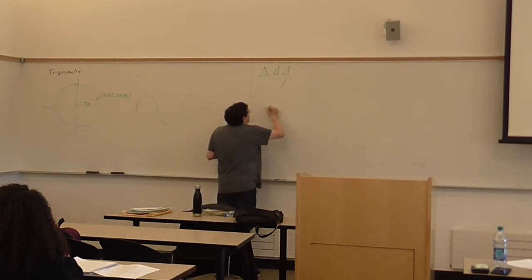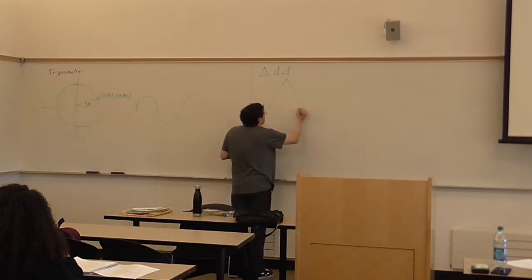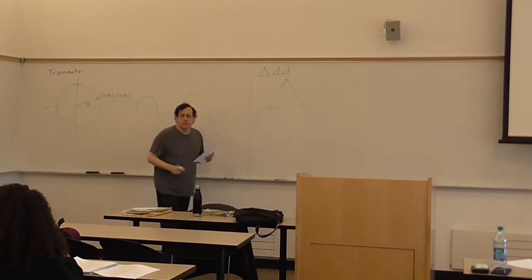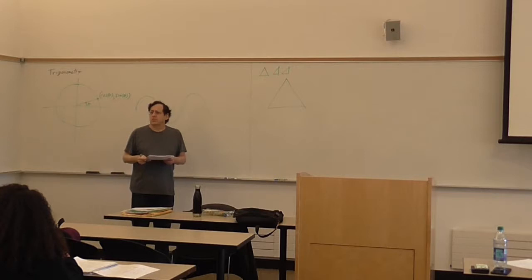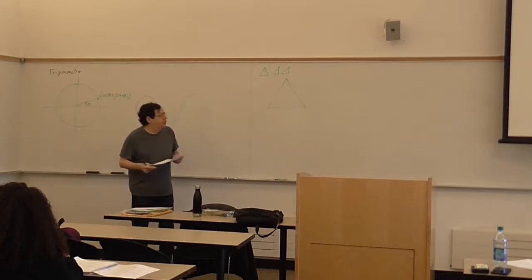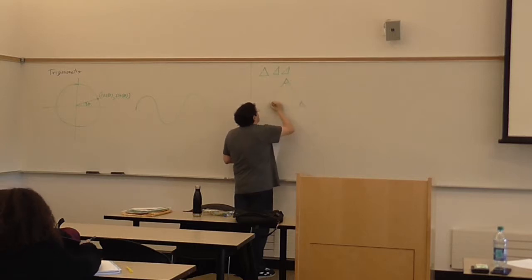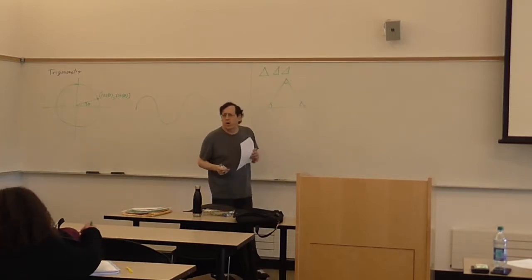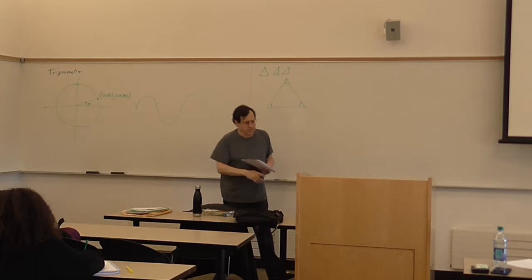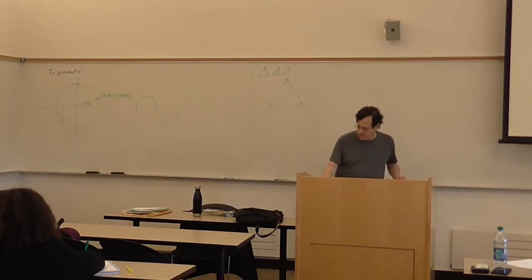So the first one I want to review is we start with an equilateral triangle, one whose angles are all the same. So therefore, they must be what? It must be 60, yes.